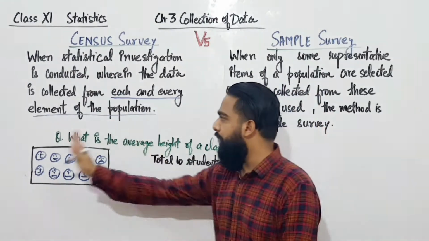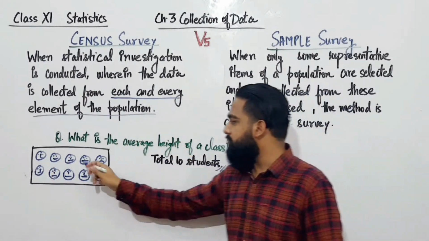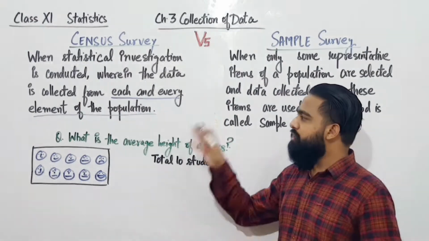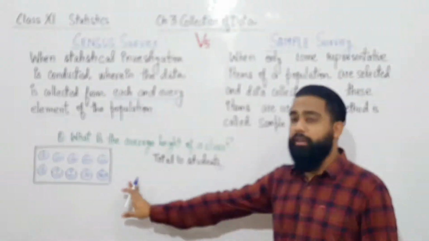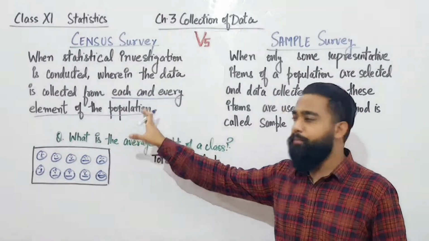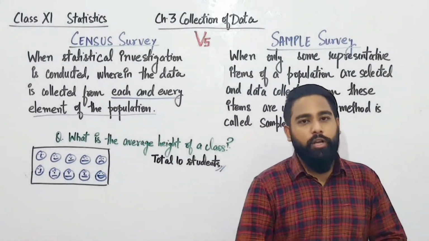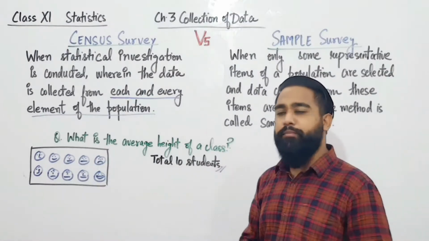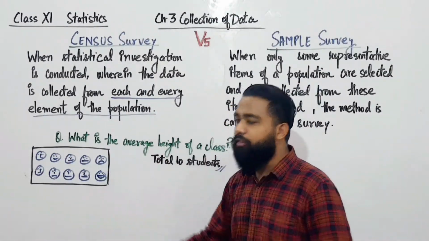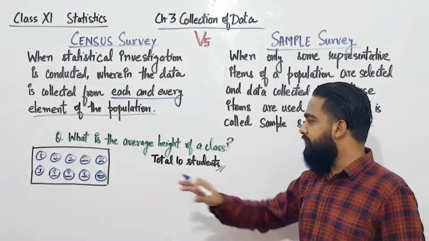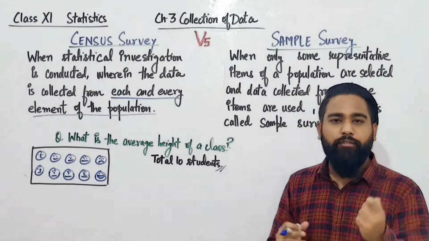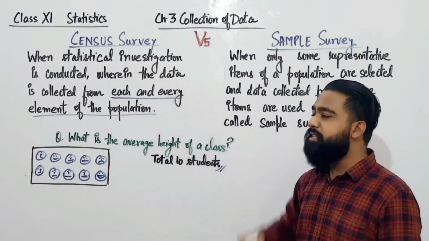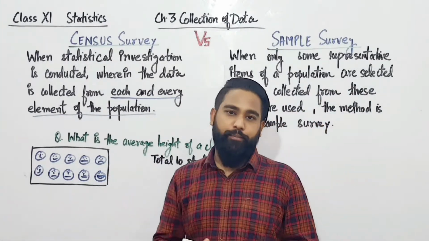Only 10 people are my population, and these 10 students are the elements of this population. Sometimes the term universe is also used instead of population. So if I am going to conduct the investigation by going to each and every person of the population or the universe, then that survey, my students, is known as census survey.